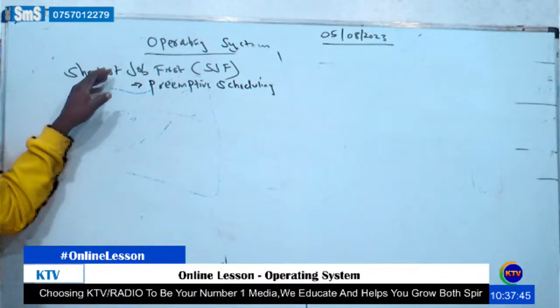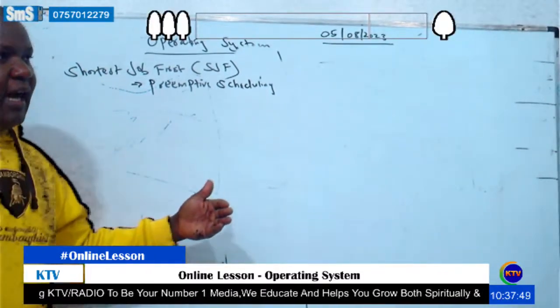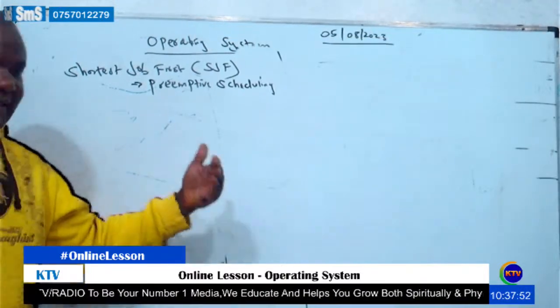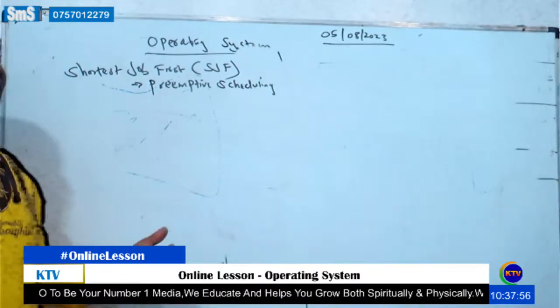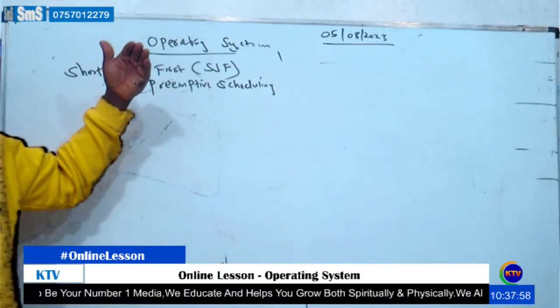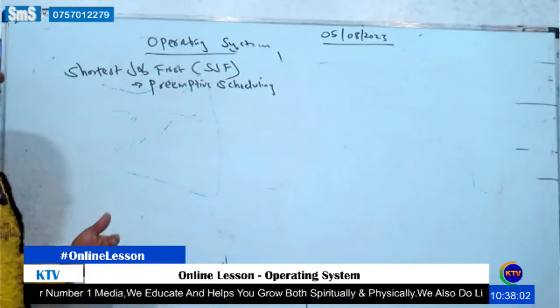Because here, even if a process arrived earlier, if another one comes which has less burst time, the one which has less burst time will be allowed in, and the one which has high burst time will be preempted, or forcefully removed from the CPU.